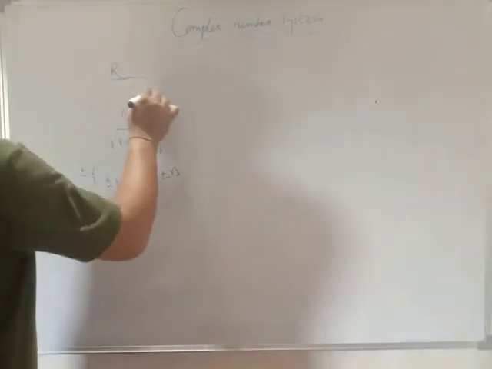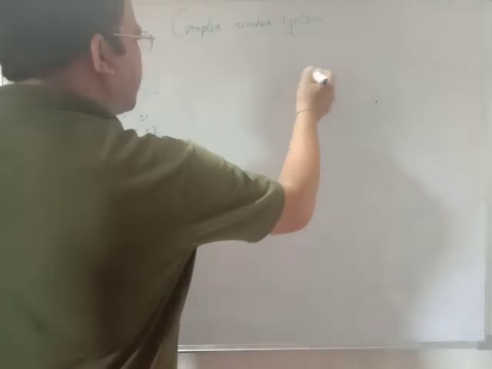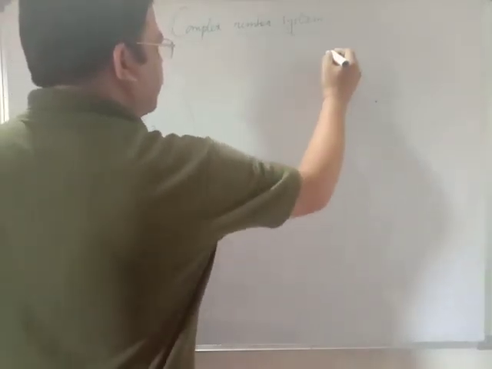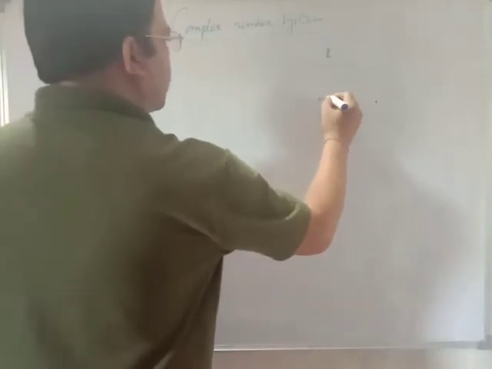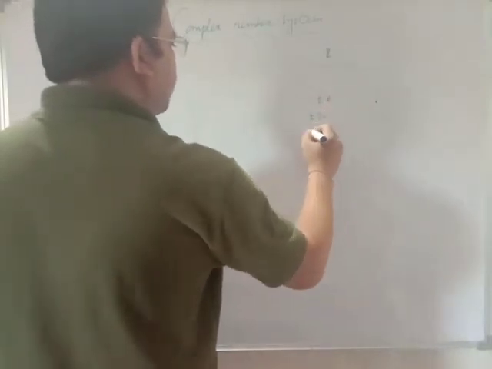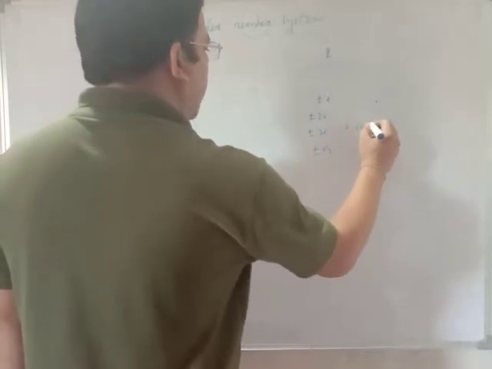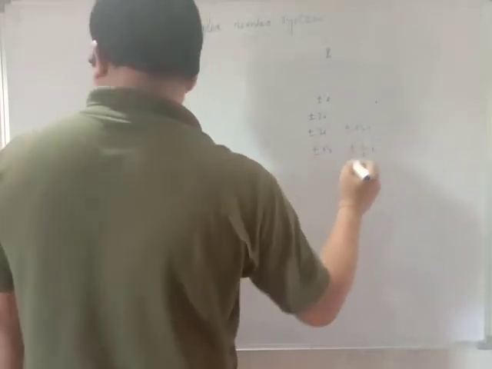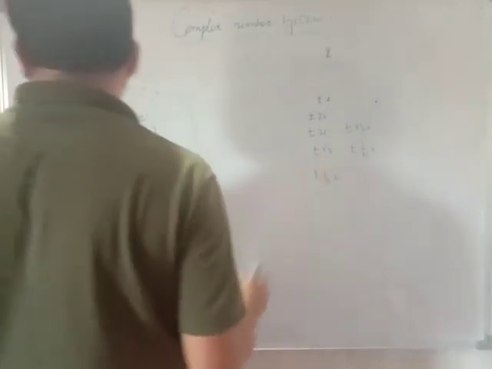All these are real numbers, and we have another set, that is i. It contains plus minus i, plus minus 2i, plus minus 3i, plus minus root 2 i, plus minus root 3 i, plus minus 1 by 2 i, plus minus 1 by 5 i.